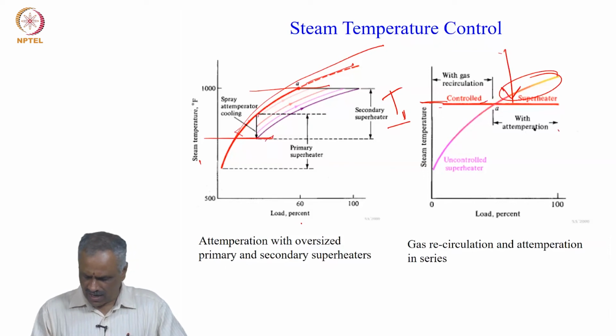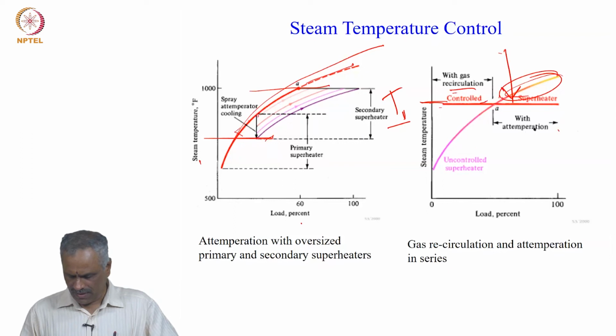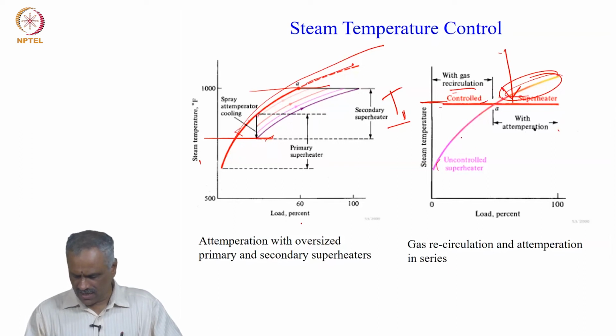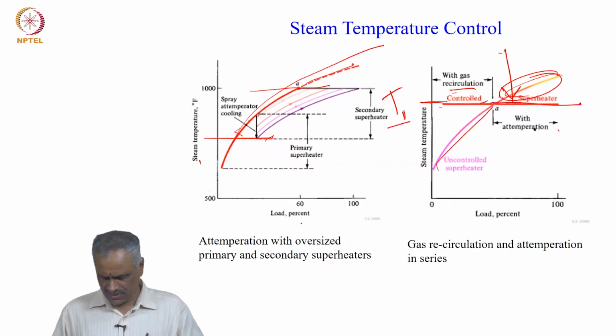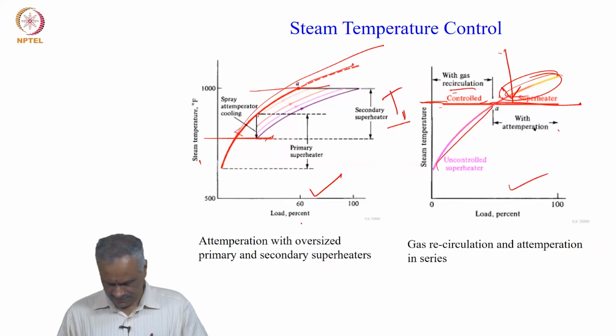But after this level you go for gas recirculation. After that, it rises here and goes flat, there is no increase in temperature. This is with an attemperator, and this is with gas recirculation.